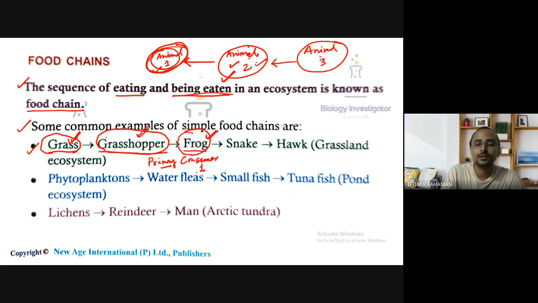Sorry, my mistake. Grasshopper is the primary consumer, so primary consumer is herbivore, right? Grasshopper is eating grass, so this is primary consumer, and this is herbivore. This is secondary consumer. Frog is secondary consumer.